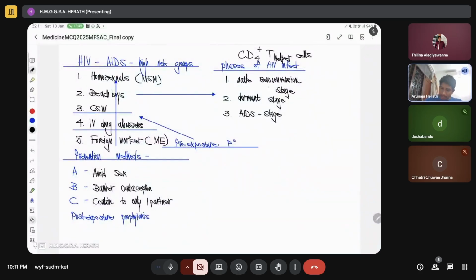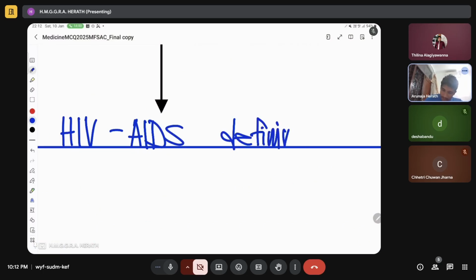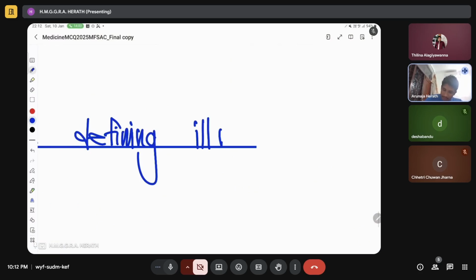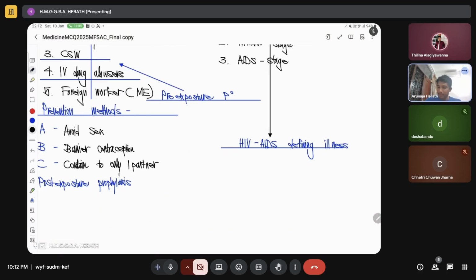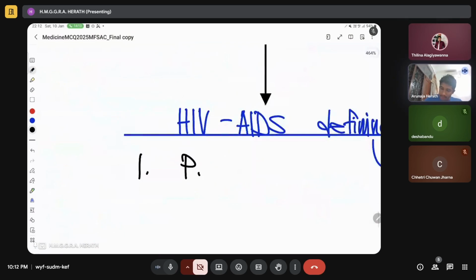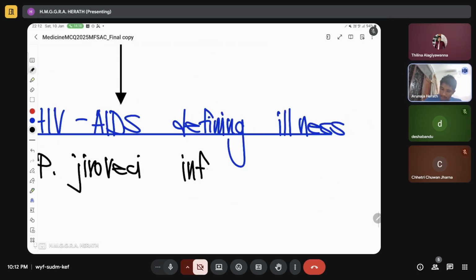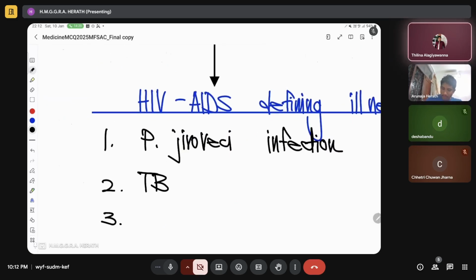Okay. Now there are certain things called AIDS defining illnesses. Right? HIV, AIDS defining illnesses. Tell me a few if you can remember. If these are present, most of the time we check that patient for AIDS. Anything else? TB, right? TB. Good.